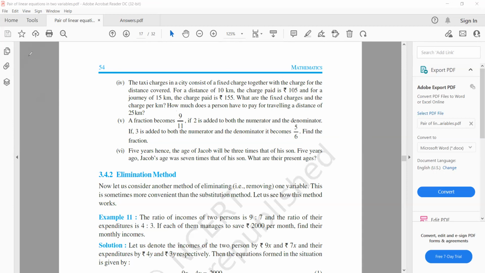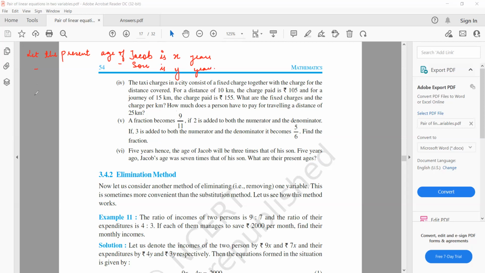So let the present age of Jacob be X years, obviously. And similarly, the present age of son, write the complete sentence, is Y years. All right. Now see what he's saying. 5 years hence, that means after 5 years.